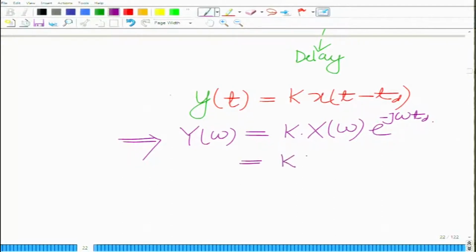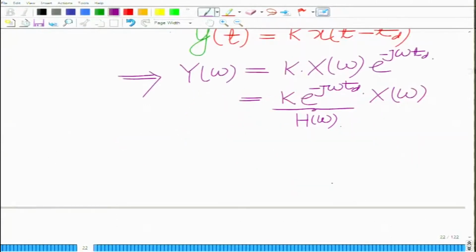This is basically k e raised to minus j omega Td times X of omega, and now you can see this is nothing but your frequency response H of omega of this distortionless system.